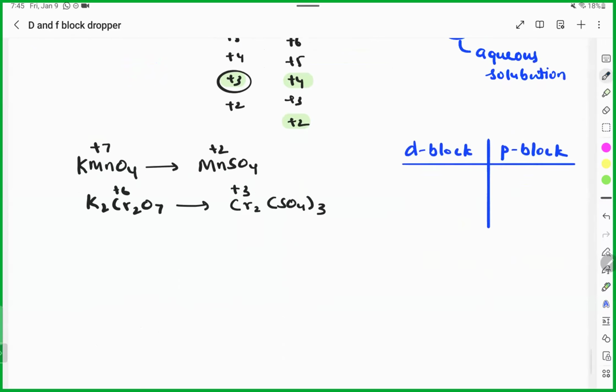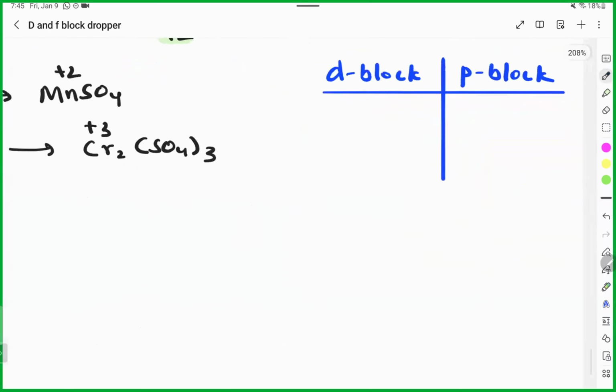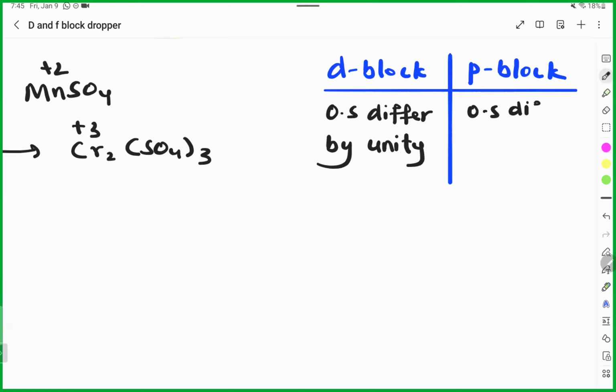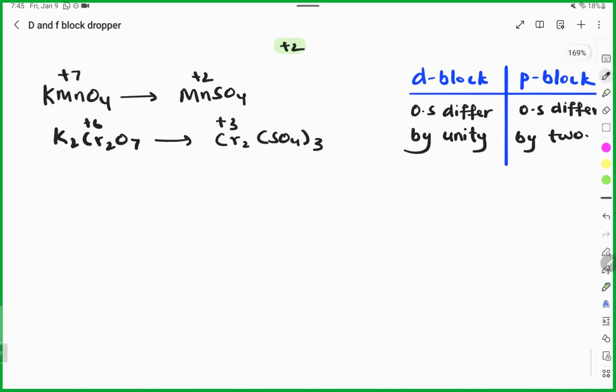In the d block, oxidation states differ from +7 all the way down to, no, not minus, +1 all the way down to -2. But in the p block, it's very limited. Example, I'll explain this.